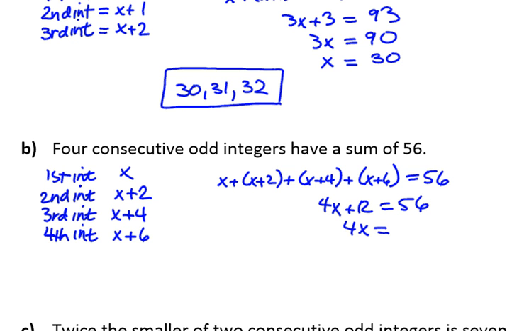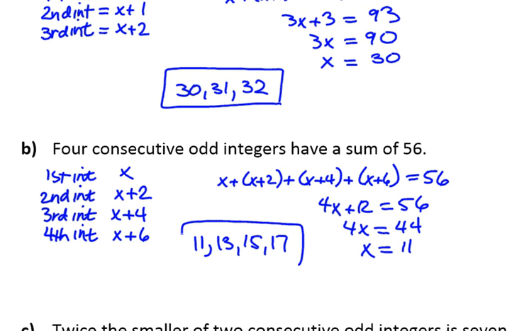So 4 x's would be 44. Divide by 4, so x is equal to 11. So 11, add 2, get 13, 15, and 17 are our 4 numbers.